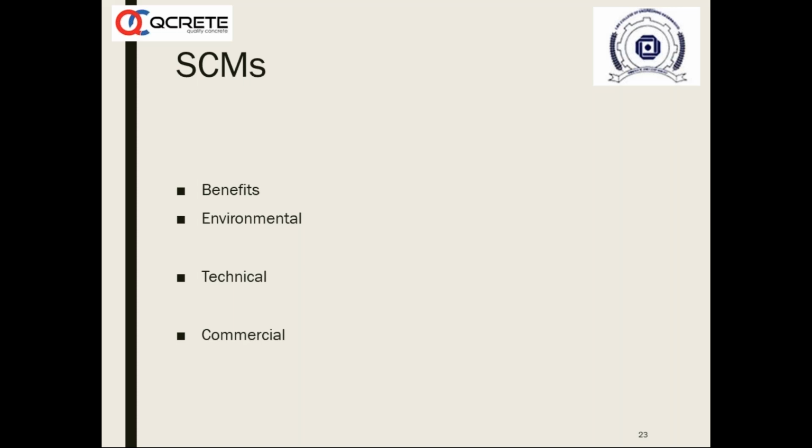So SCMs, the expansion of which is supplementary cementitious materials, themselves don't have cementitious or cementing properties. For example, if you take fly ash, which is a byproduct of a thermal power plant, and add water and come and see the next day, it will not become hard concrete. It doesn't give strength. Similarly, GGBS also.